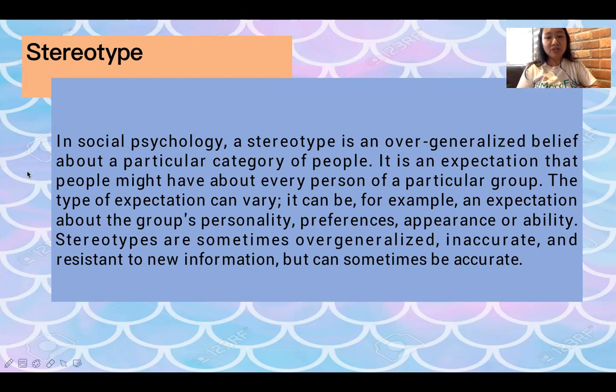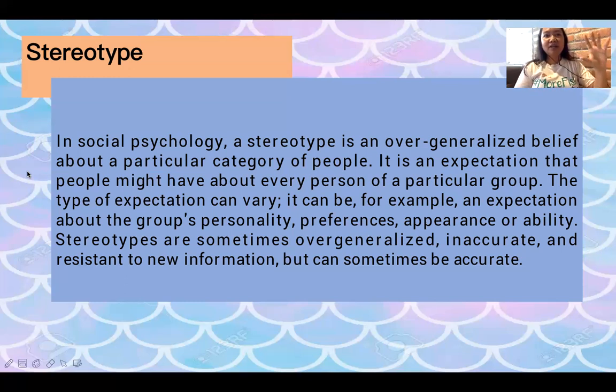And the type of expectation can also vary, and there are reasons like the long-held belief about certain culture or personality, preferences, appearance, or ability. So people would stereotype. For example, people have stereotypes about what a social worker should be or what a military person should be.